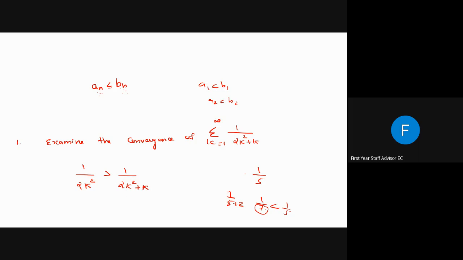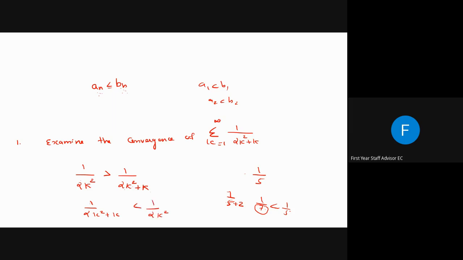Here we have 2k square, and here we are adding, 2k square plus k. Something is added in the denominator, so this one is less and this one is greater.